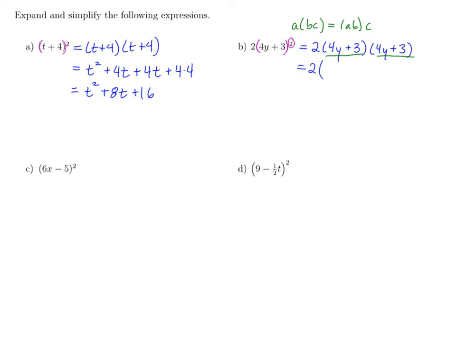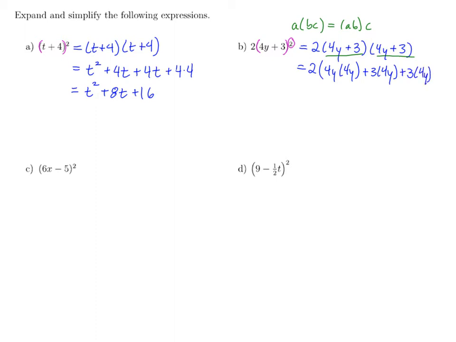So, multiplying that through, 4y plus 3 times 4y plus 3, when I multiply the first term of each of those binomials, I'll get 4y times 4y. Multiplying the outside, I'm going to get 4y times 3, so I'll write plus 3 times 4y. The inside, I'll again get plus 3 times 4y.